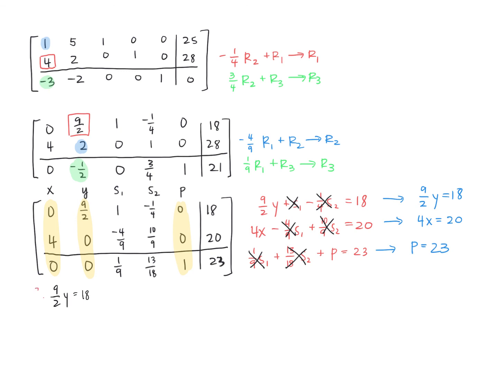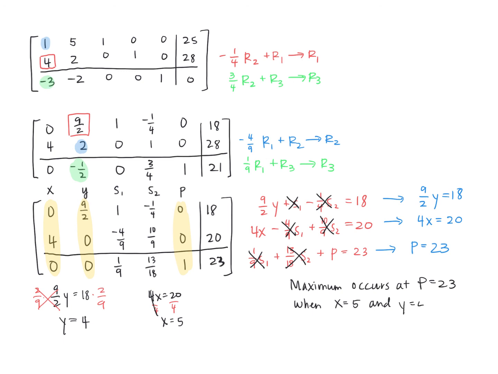We would simply multiply by 2/9, and we would find that y is equal to 4. 4x equals 20, we could solve by simply dividing by 4, and we'll see that x equals 5. So the maximum occurs at p equals 23 when x is 5 and y is 4.